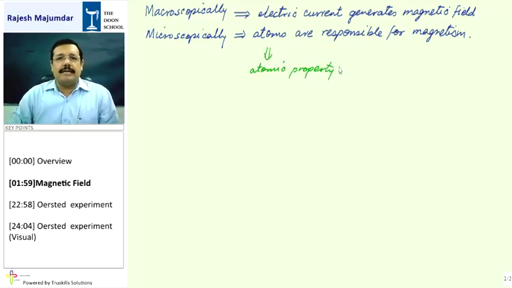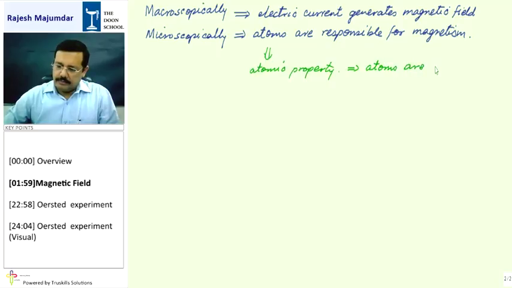Now, if we separate electrons and protons from an atom, then the very existence of the atom is gone, and then the magnetic property is also lost. Then there is no magnetism. That means atoms are the smallest magnets.